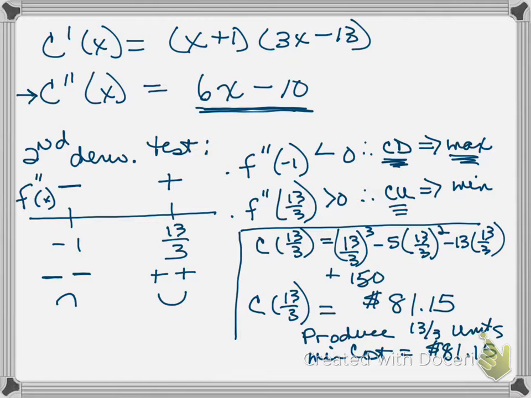Okay, so that's how I would do it. Because what if I produce 5? Let's see what I would have. Yes, so definitely in terms of giving this problem a practical sense, you would say that you would produce 4.3 or 4 units to minimize your cost. Okay, and that's the end of the review packet.